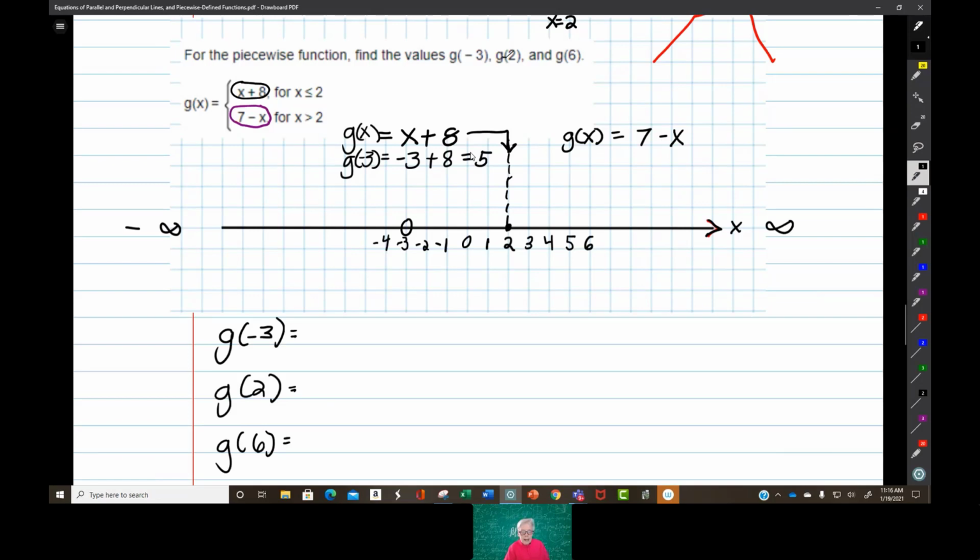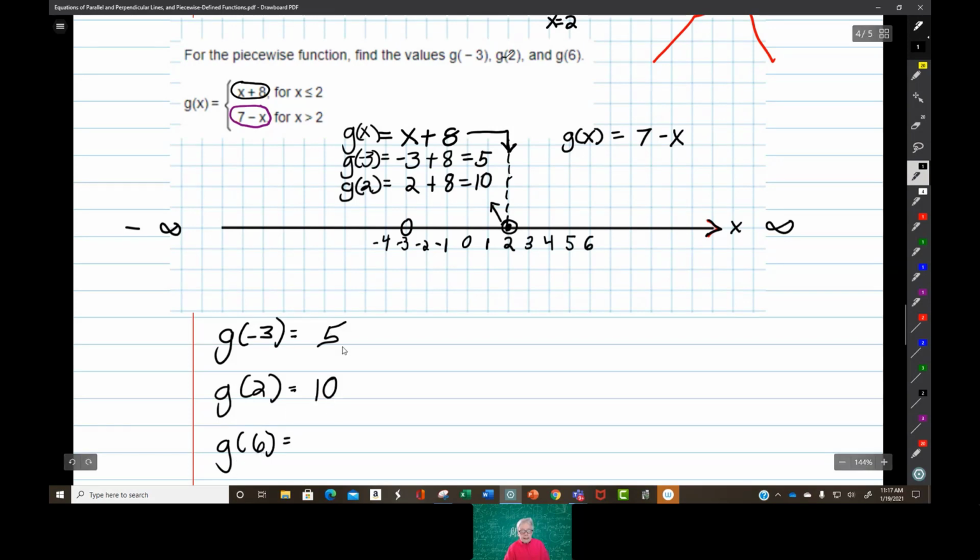Okay. Now, g of 2. Here's where x is allowed to equal 2, right here at x plus 8. So our 2 is also going to use this side, the left side. So g of 2 equals 2 plus 8 equals 10. So let me write these down, 5 and 10.